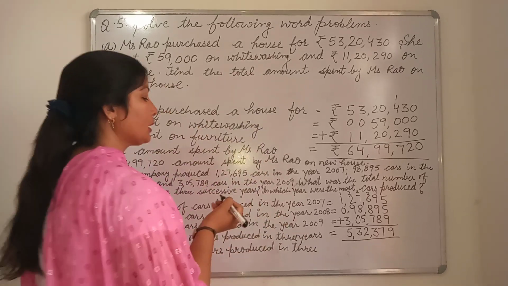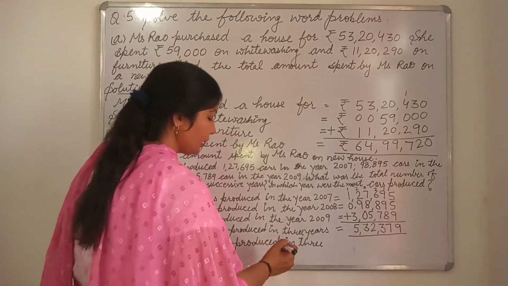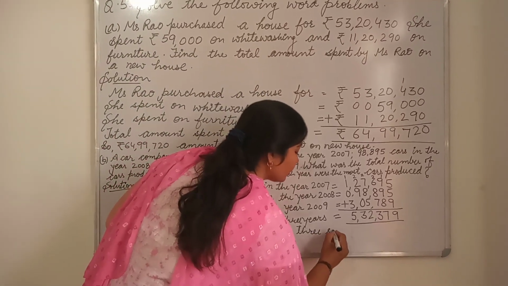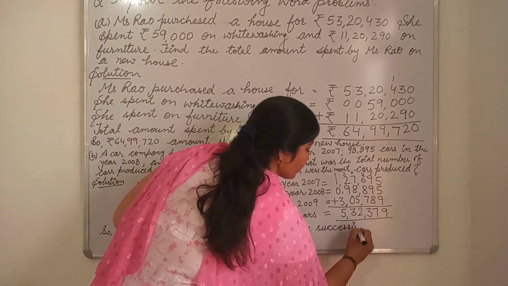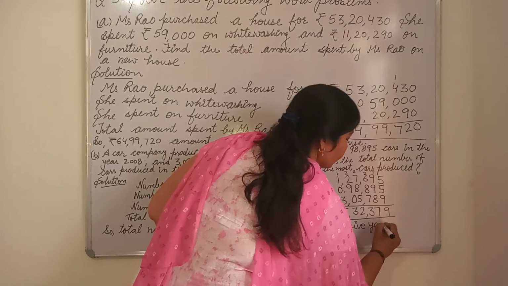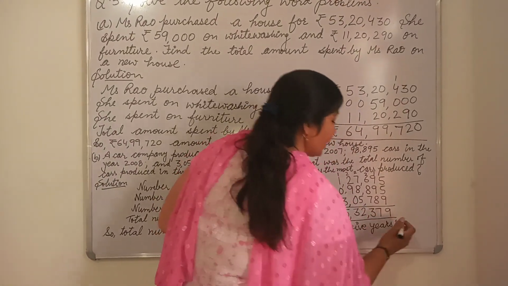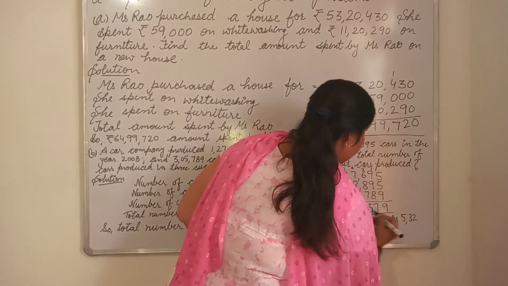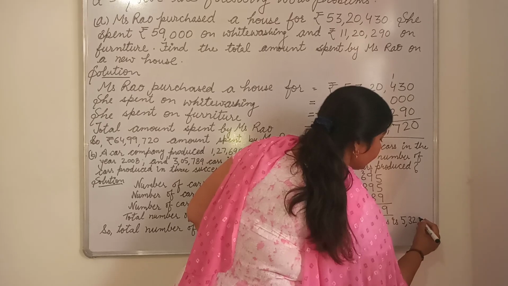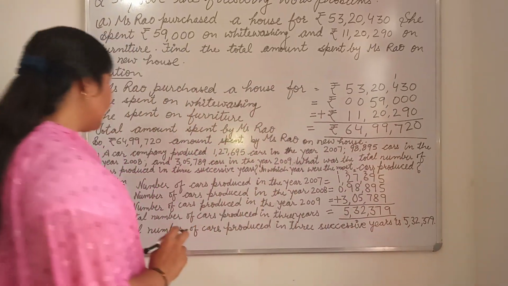Here you can use successive also, and if you are writing directly, you can write directly also. Total number of cars produced in 3 successive years is how much? 5,32,379. These cars were produced in 3 successive years.